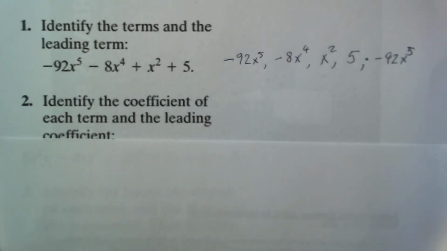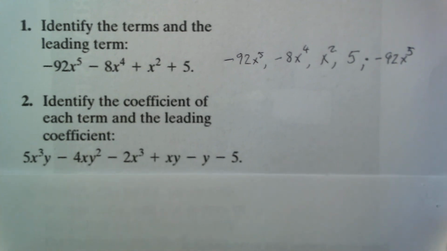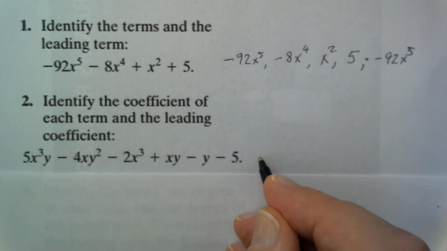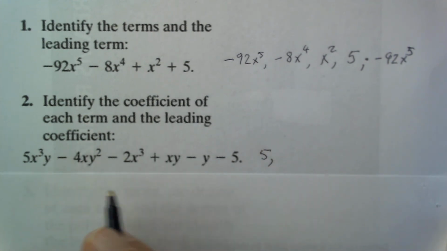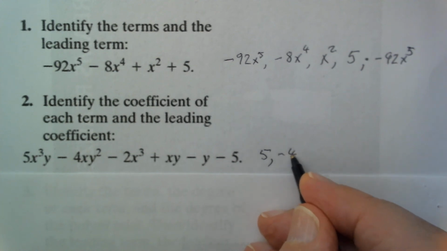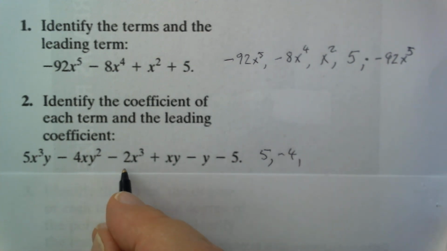Similarly, here we're supposed to identify the coefficient of each term and the leading coefficient also. So the coefficients are 5 for the first term, so the leading coefficient is 5. Here the coefficient is negative 4. For the next term it's minus 2.